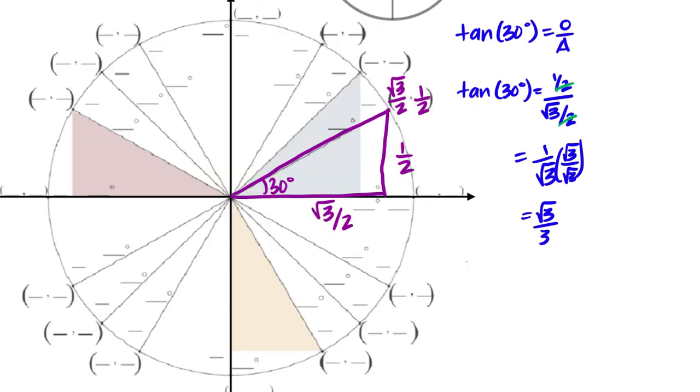Now I want you to notice that this 1/2 was the y value, right? And this √3/2 was the x value. So tangent can also be referred to as y over x, or y is the sine value and x is the cosine value.